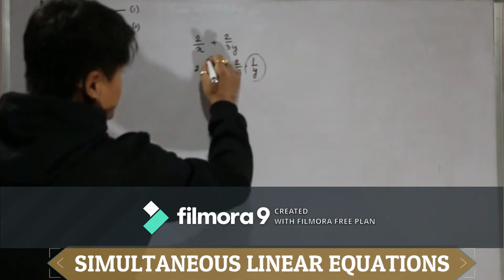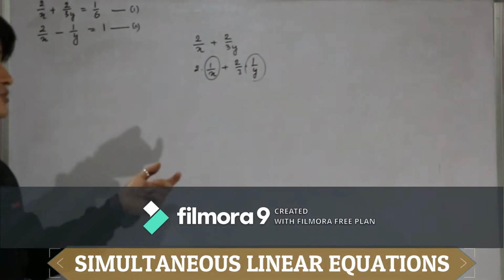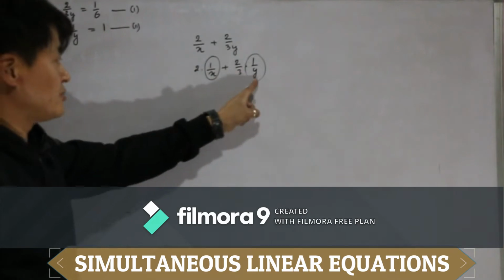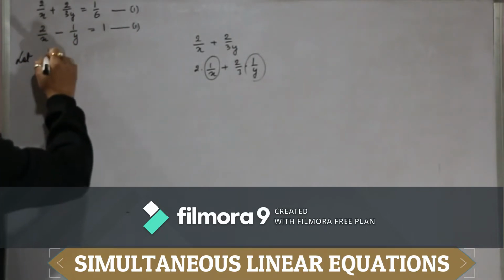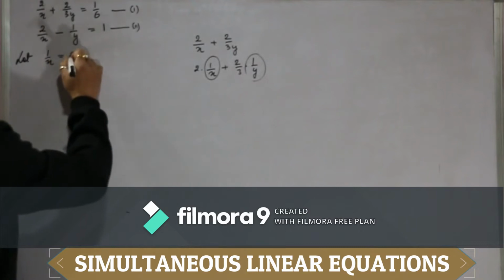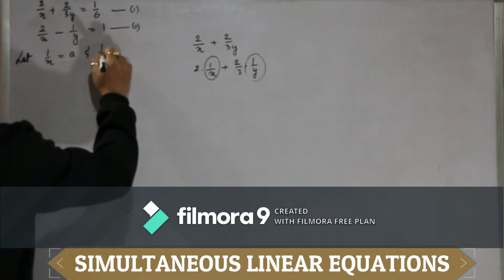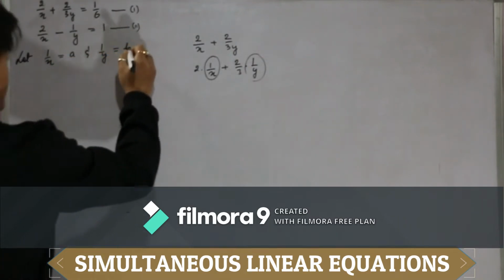In this second method, we can assume these terms as other variables, because in the second equation also we have 1 by x and 1 by y. Let 1 by x equal a and 1 by y equal b.